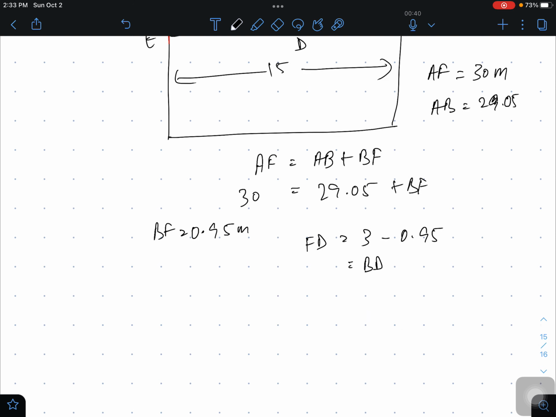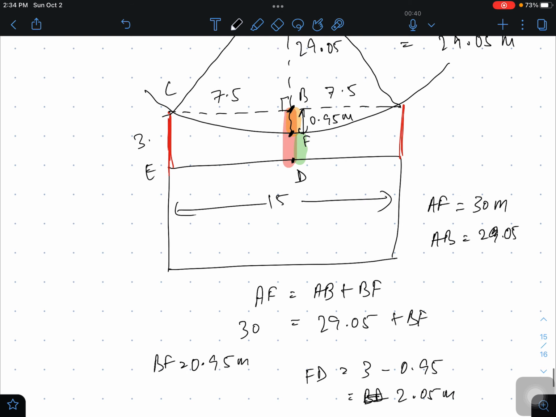So we get this value as 2.05. Now you remember we took the equipment dimension as 2.2. So this equipment will not satisfy. The equipment is a bit longer and it is falling outside the protection zone.